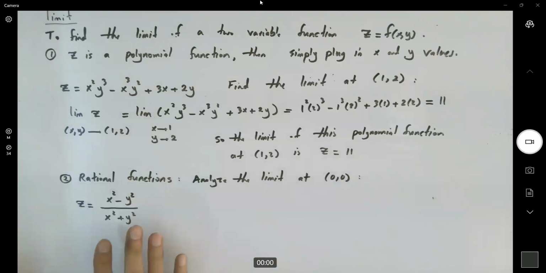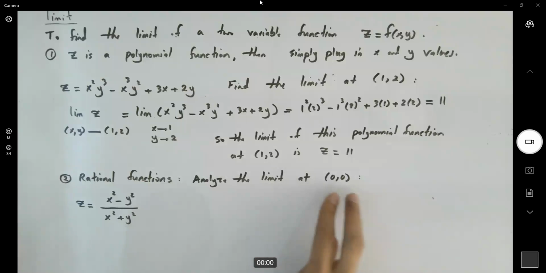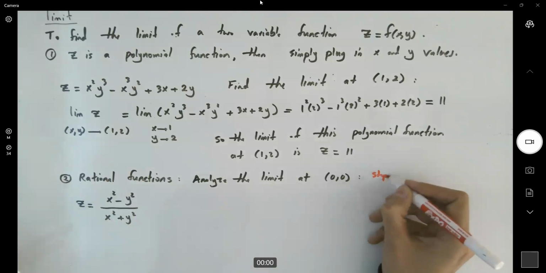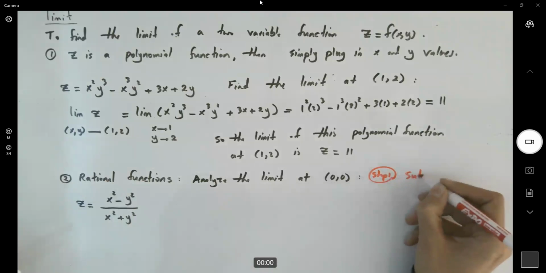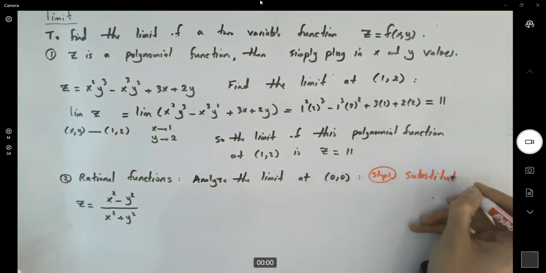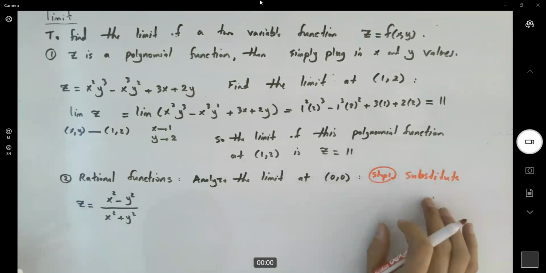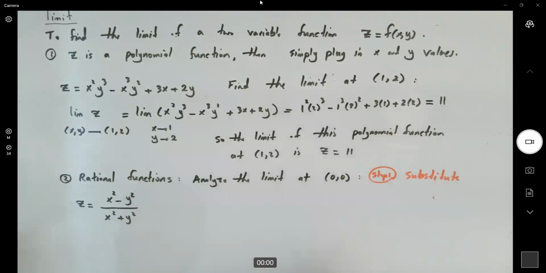When you have a function, the very first step for you is to plug in the values. So don't forget step 1. Step 1, substitute. Try to substitute. Sometimes you're lucky. Sometimes when you plug in the values, you actually get a number, like this previous case. Okay.